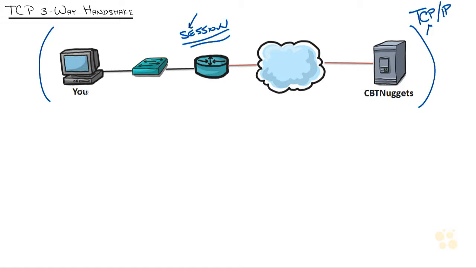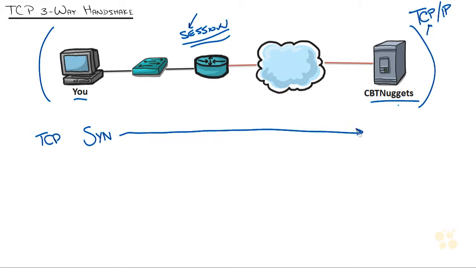So the very first message, let's paint the scenario here, right? We've got the CBT Nuggets web server. You want to go there and you want to access that content. Before you do, the very first thing that you will send to the CBT Nuggets web server is known as a TCP SYN message. That's short for synchronization, SYN. And essentially that's just saying, hi, my name is Bob. I want to talk to you. I want to synchronize with you.